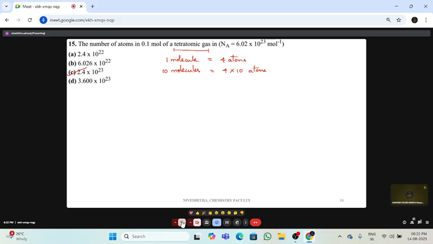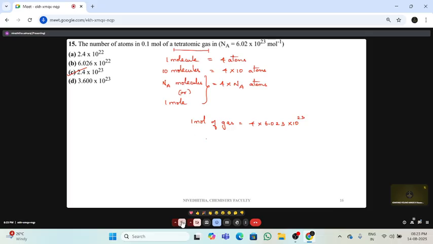Similarly, Avogadro number of molecules contain how many atoms? 4 into Avogadro number of atoms. Avogadro number of molecules is nothing but 1 mole. So 1 mole of gas contains 4 into Avogadro number, which is 4 into 6.023 into 10 power 23 atoms.